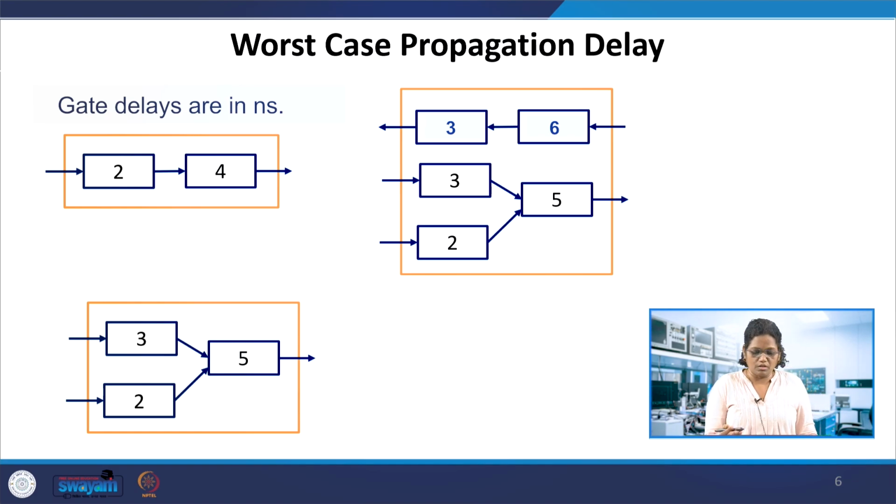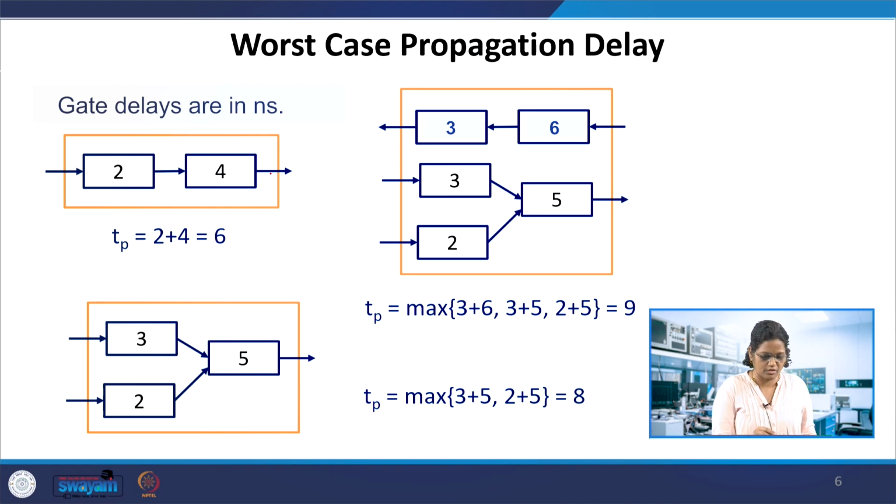Now the worst case propagation delay for a circuit from input to output, how is it considered? Suppose a circuit has two cascaded combinational circuits, one with 2 nanoseconds and another with 4 nanoseconds, with the direction from input to output. What should be the propagation delay?